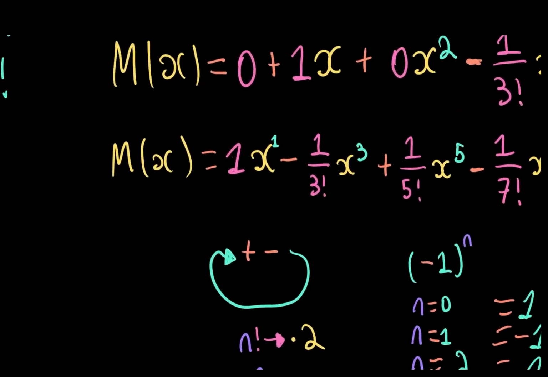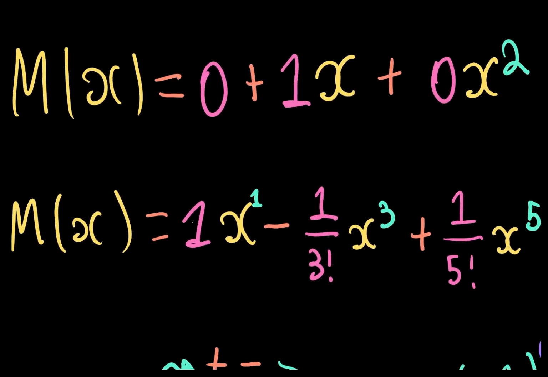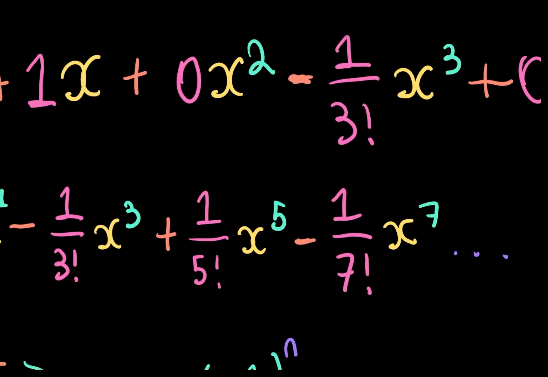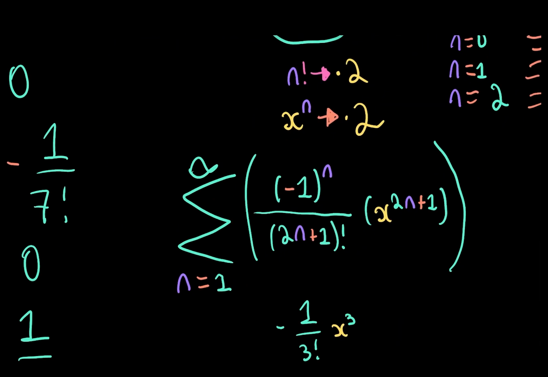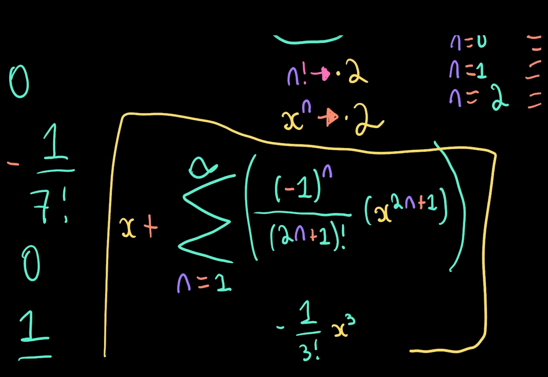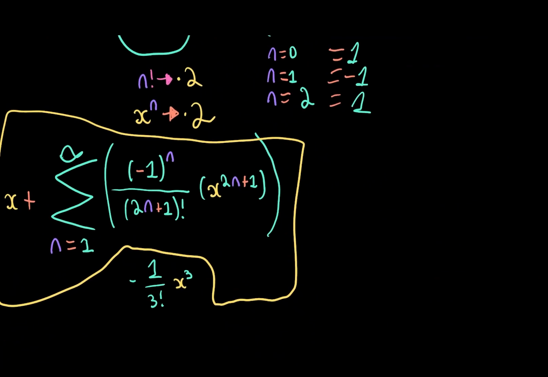But there's one issue, and that's we skipped over the first term. So everything works except that we missed this term, that 1x1, and we can just simply mend that by doing this, x plus this summation here. And here we go. What we just found here is equal to sine of x. Congratulations, we finally found what sine of x is equal to.